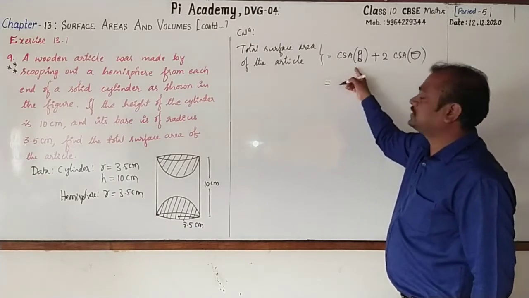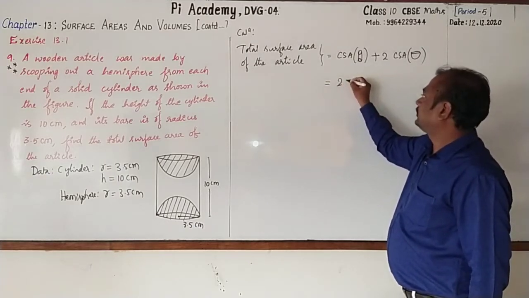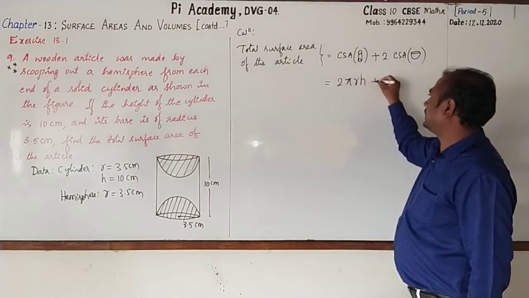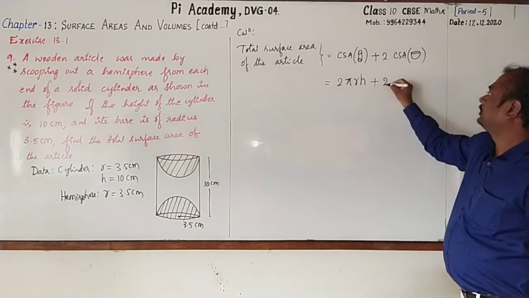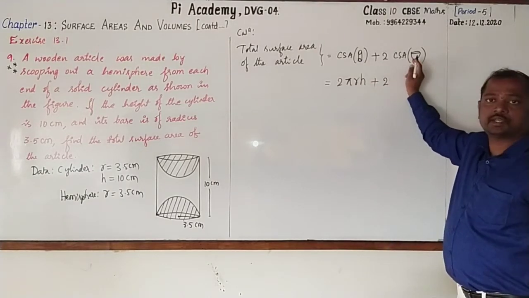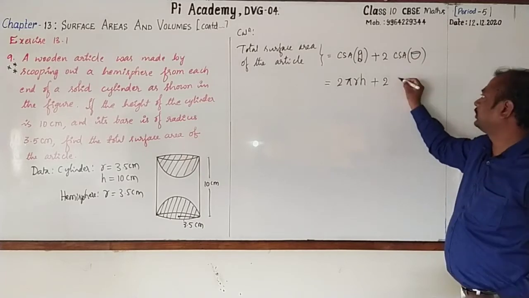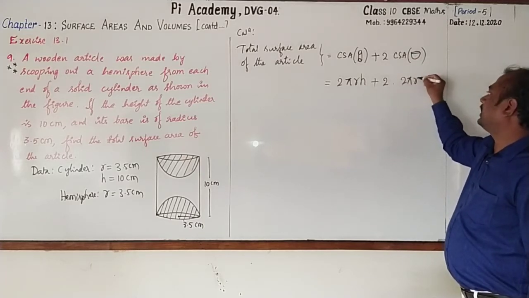CSA of cylinder is, very good, 2 pi RH, plus 2 into CSA of hemisphere, very good, it is 2 pi R square.